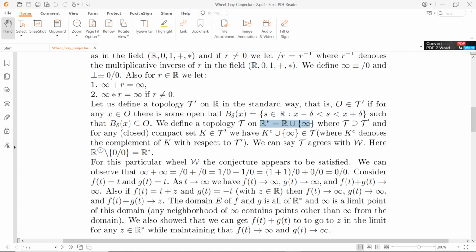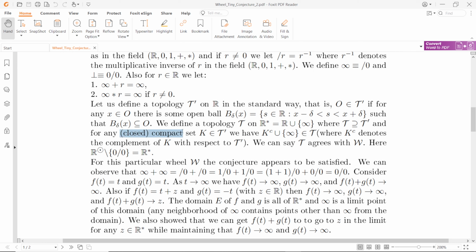And then we want to define a topology on R star equals R union infinity, where it's going to take in all the open sets of the topology on R that I just described, plus, for any closed compact set relative to that topology on R, the complement of that compact set, plus the infinity element, will be an open set in our new topology on R union infinity.